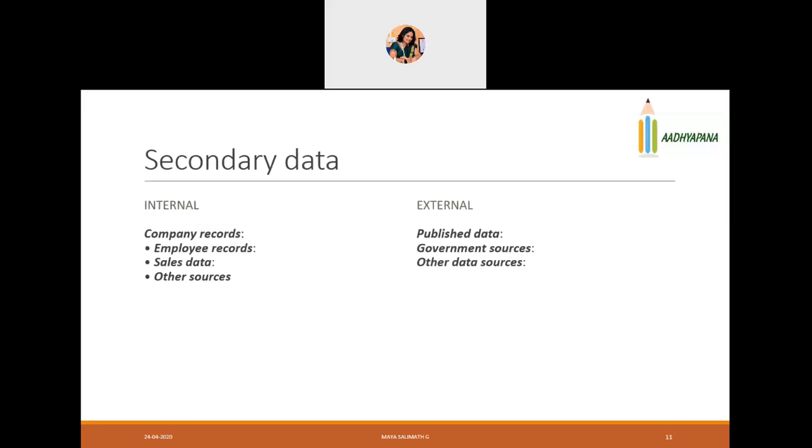Say, if you want to buy a vehicle and you want to collect some data on that particular vehicle, you check all the magazines, sports magazines, in which this particular vehicle's review is mentioned. So that can be an external source of secondary data for you.